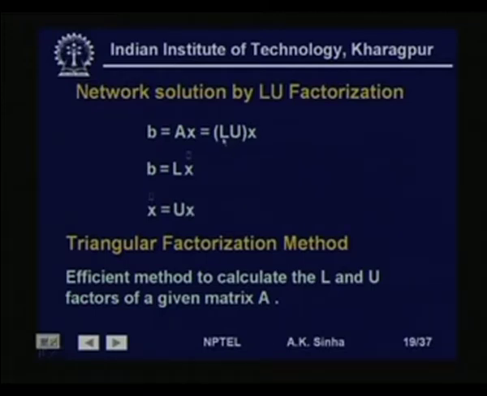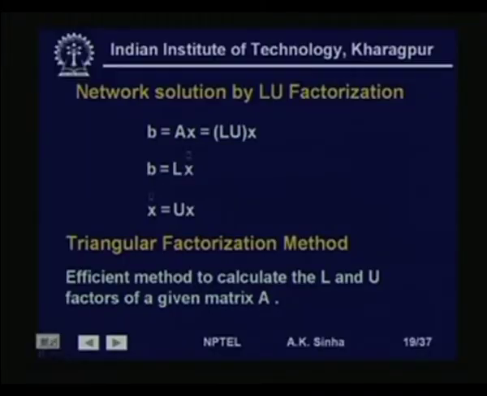So, what we do is we write this as L into Ux, and Ux we are writing as x hat, because we will be working on an upper triangular matrix with x, and this will give us again a column vector x hat, and if we multiply it with L, then we will get b, where x hat will be equal to Ux.